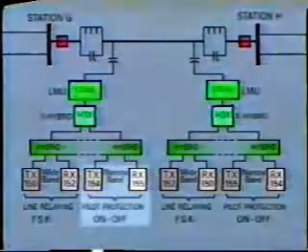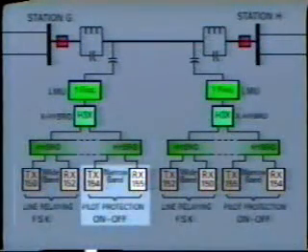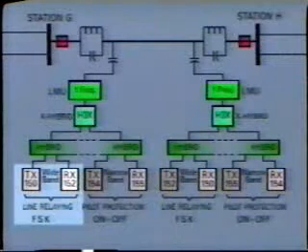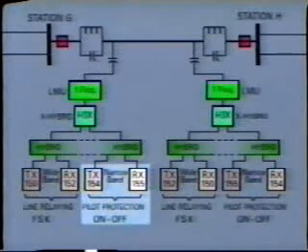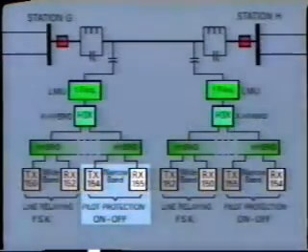In many installations, an on-off channel may be installed in addition to FSK. This channel would be used for a different type of protection scheme, such as pilot protection or breaker failure protection.